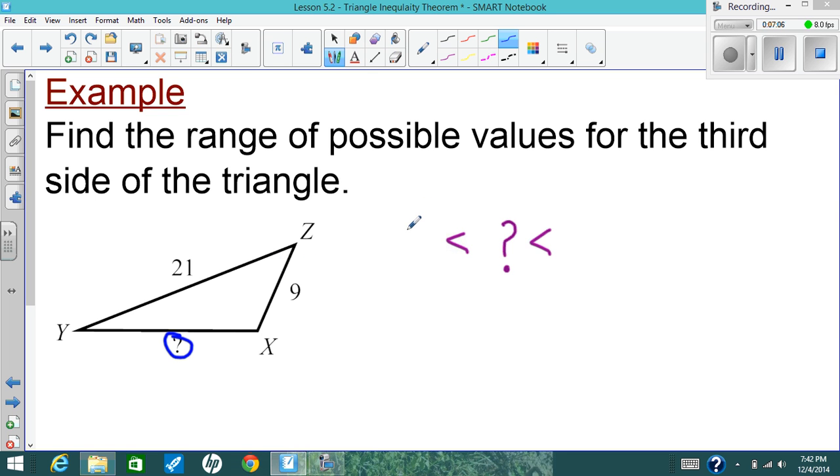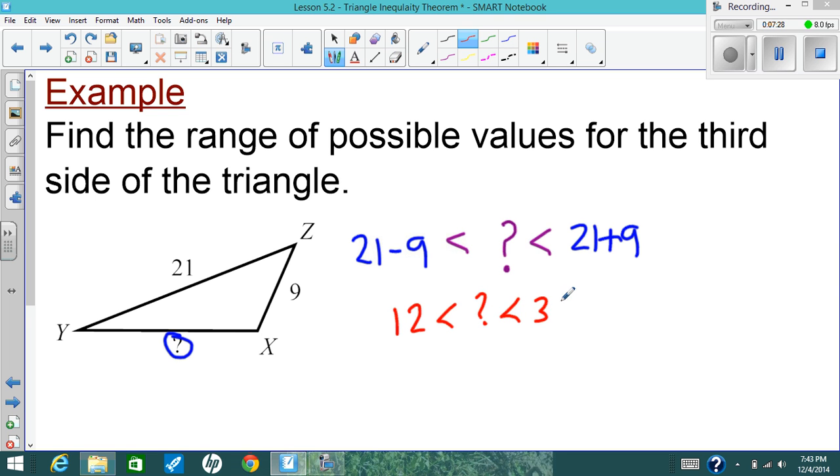We find the first piece by subtracting those, 21 minus 9. And we find the second piece by adding them. So 21 minus 9 gives us 12. 21 plus 9 gives us 30.